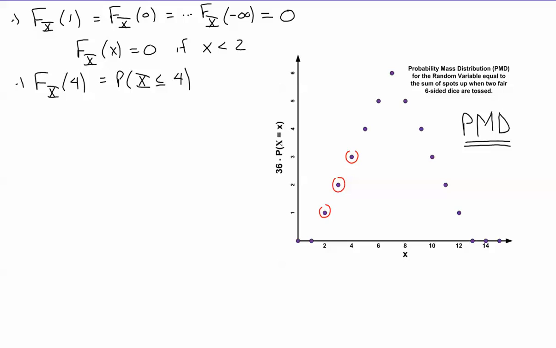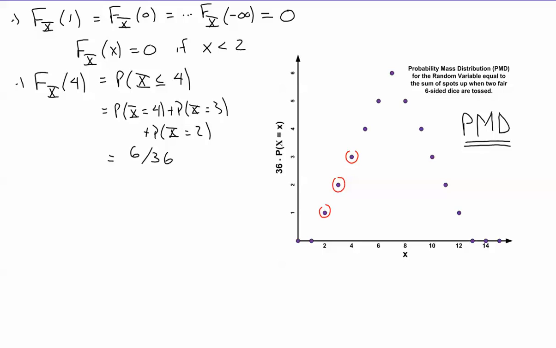This is very clearly probability that x equals 4 plus probability that x equals 3 plus probability that x equals 2, and altogether that's 6/36.